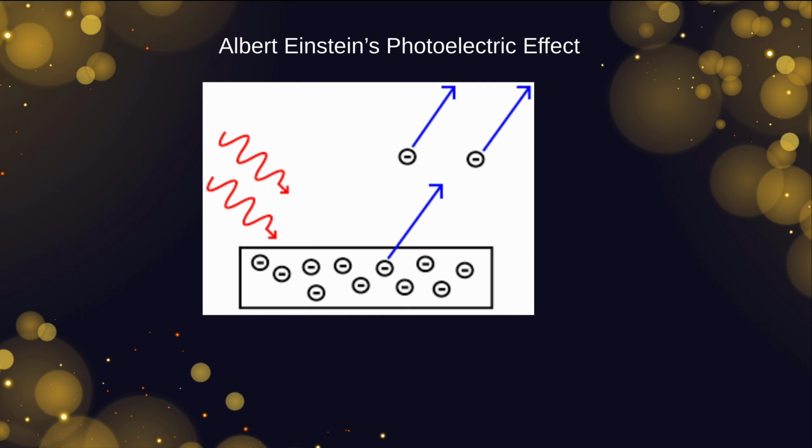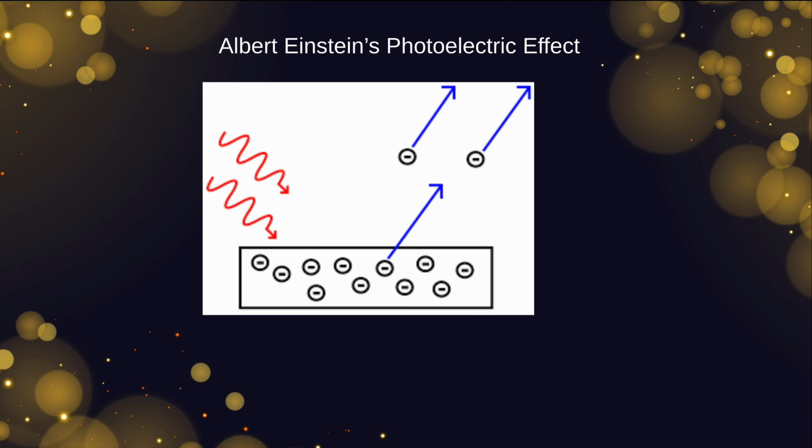And in Einstein's photoelectric effect, he found that when you shoot light at a sheet of metal, you actually release electrons, and these were captured with the sensors they had at the time. And they found that the intensity of light, meaning how bright or how much light is shone at the metal, does not affect the electrons being shot out of the metal.